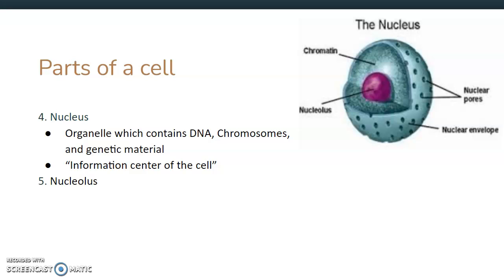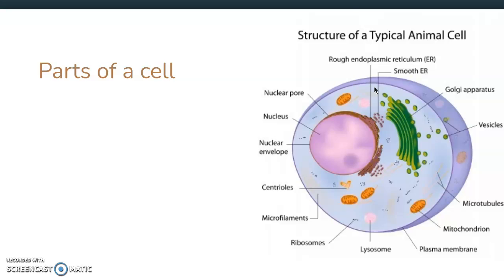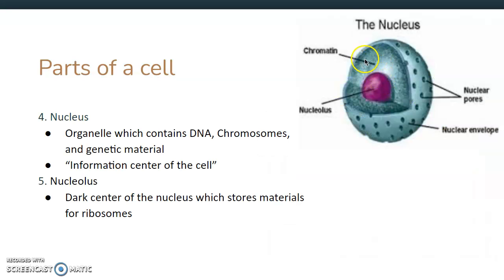And then we have the nucleolus, which is part of the nucleus. It is the dark center of the nucleus which stores materials for ribosomes. So certain nutrients, certain materials are on the very inside of our nucleus. And then on the outer side, we have where all of our DNA and chromatin or chromosomes are. And then within that, it's what's called a nuclear envelope.